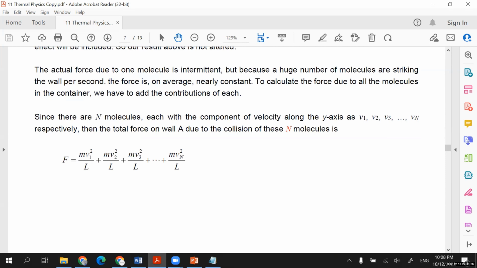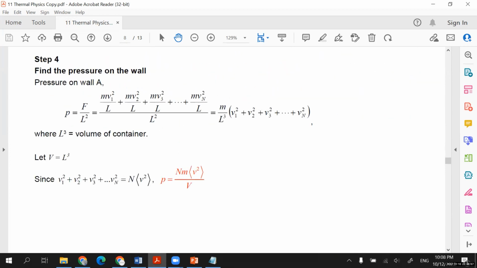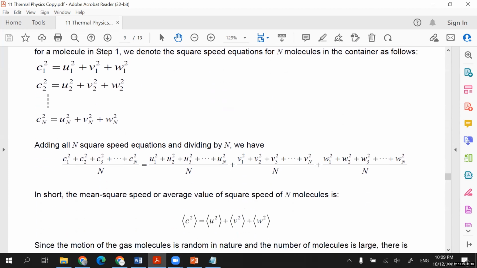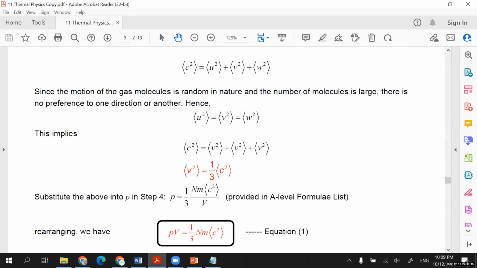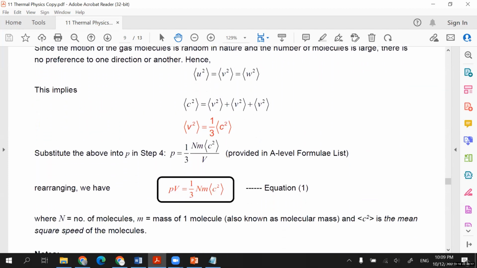If you have n particles, then the average force must be multiplied by n. So you sum up the change in momentum for all the particles. So step 4, we have pressure equal to n m v squared divided by volume. Okay, step 5. The main thing about step 5 is to be able to relate v squared with c squared.